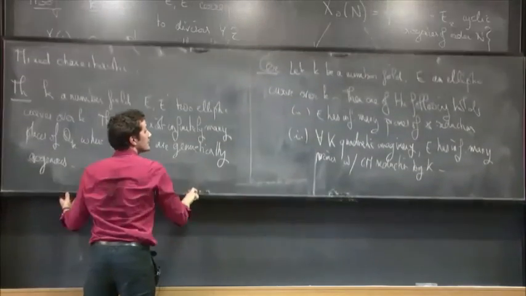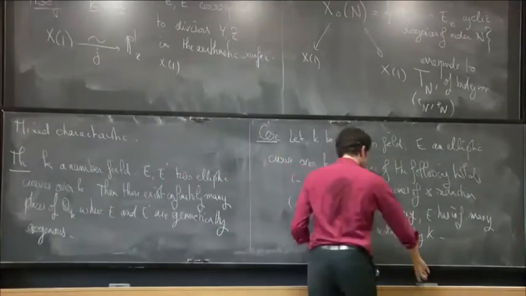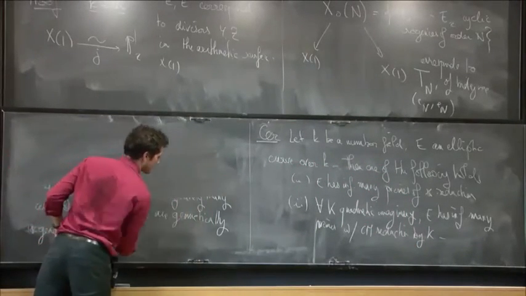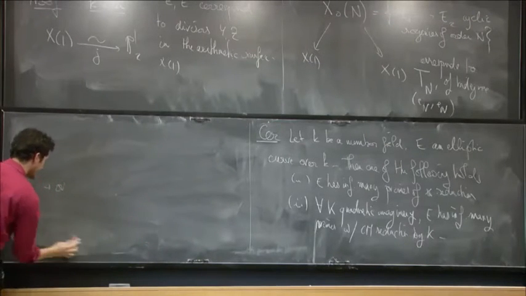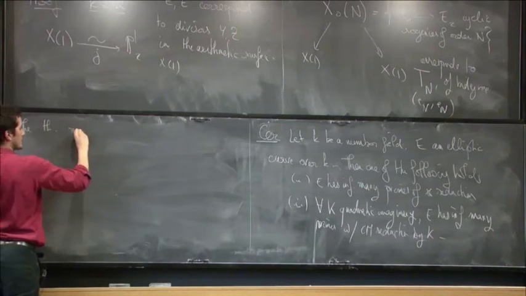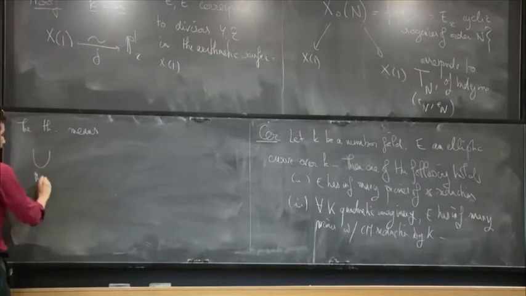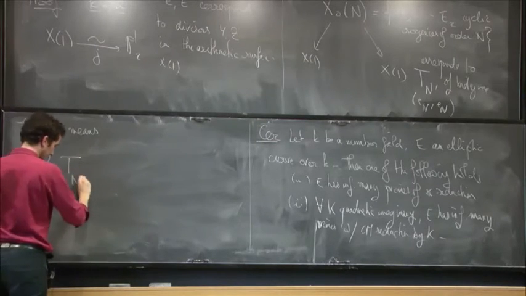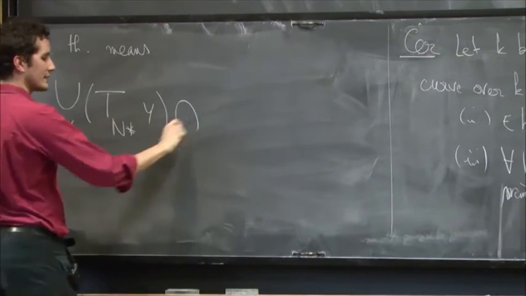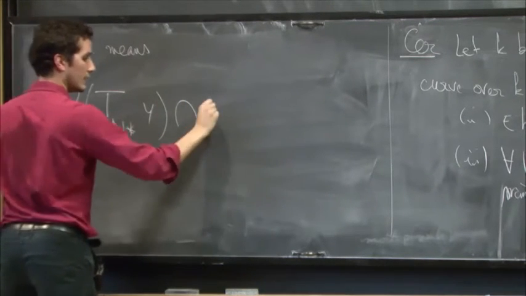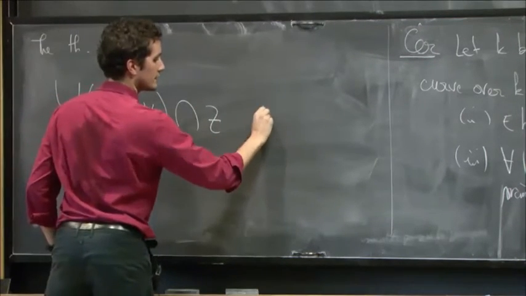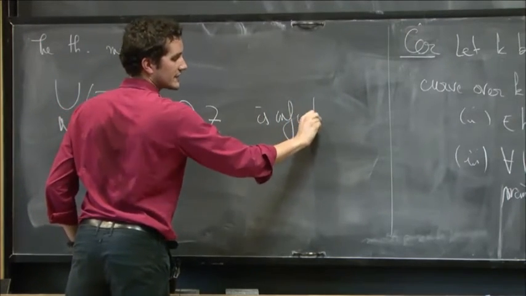And so what are we looking at? The theorem says the following: the union over all n's of T_n lower star of Y intersected with Z, well, this is infinite, just as a set.